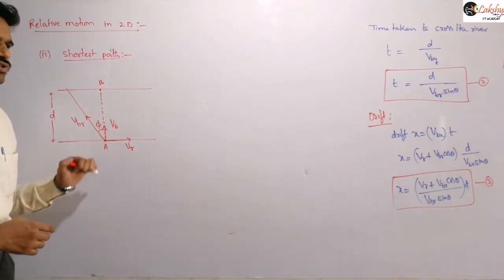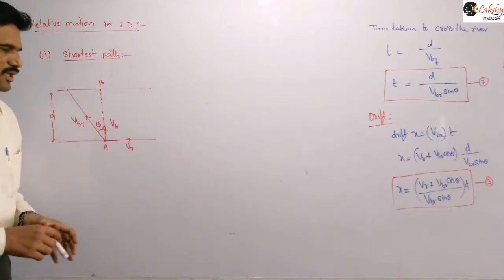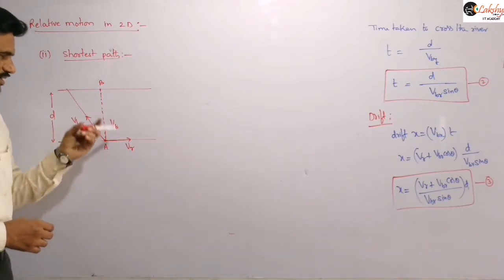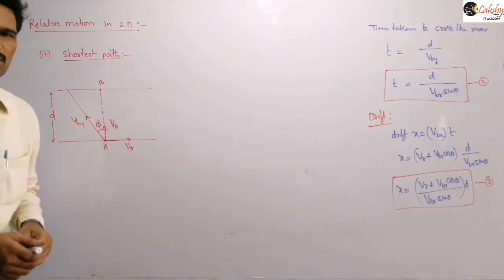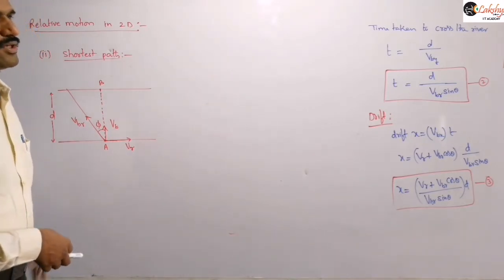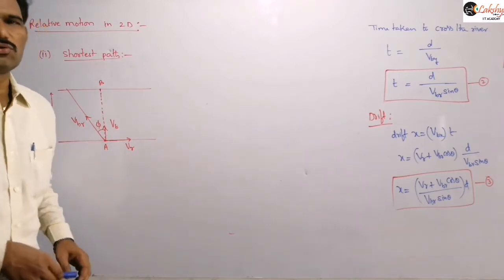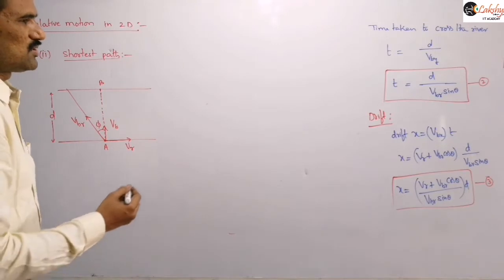That is, if it starts from A, as shown in the figure, then it should reach the point B. Therefore, the drift of the boat should be equal to 0.